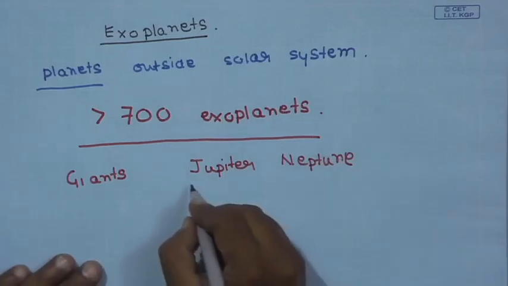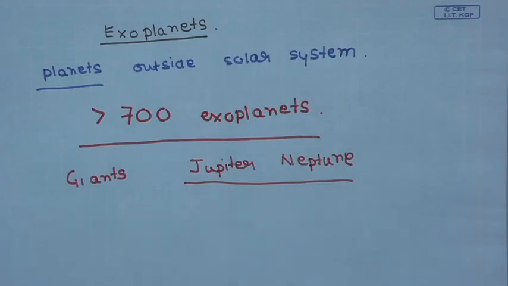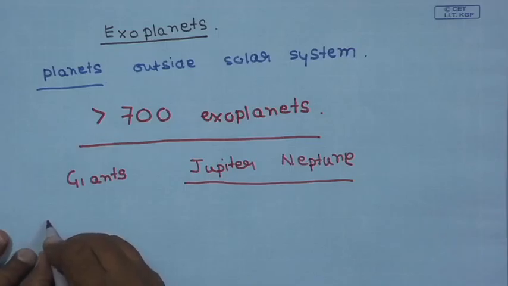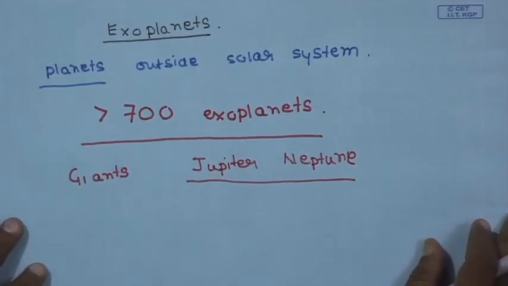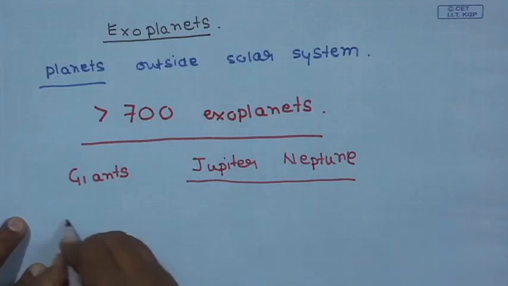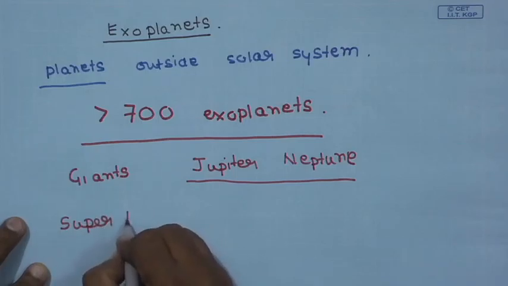So, these are all mainly giants, but there are a few planets which have been discovered whose masses are a few times more than the mass of the Earth. These are called super Earths. So, a few such planets have also been discovered.